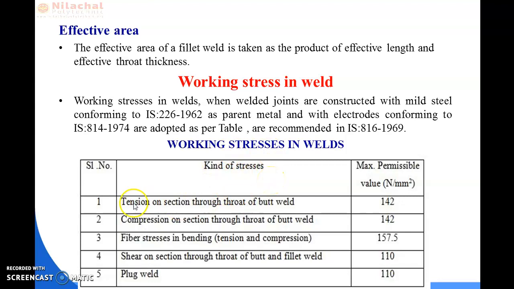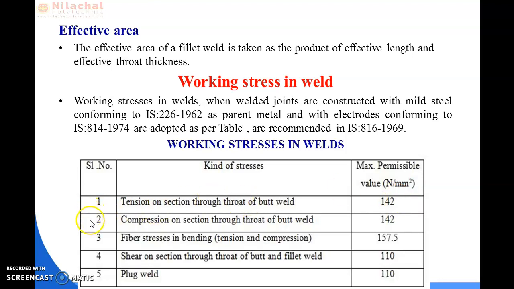Okay. So the first case is, in case of tension on section through throat of butt weld, the maximum permissible stress is given as 142. These all are calculated and experimental values, which are already present in the code book.